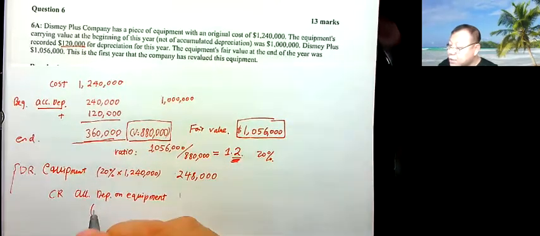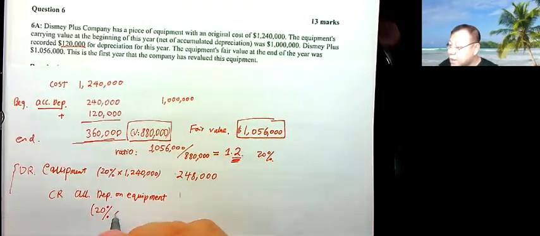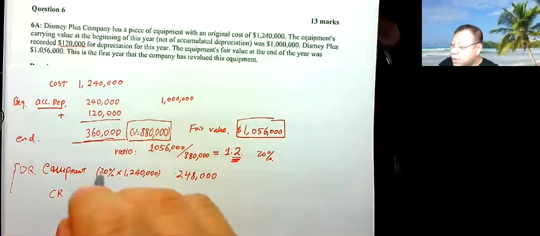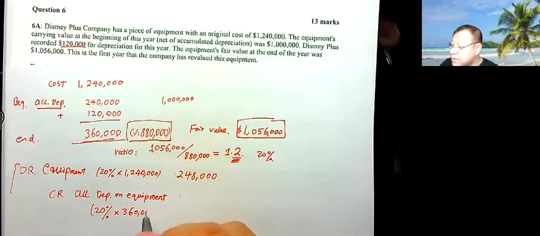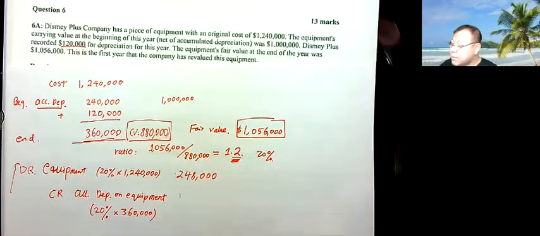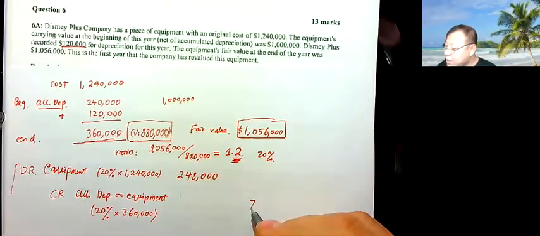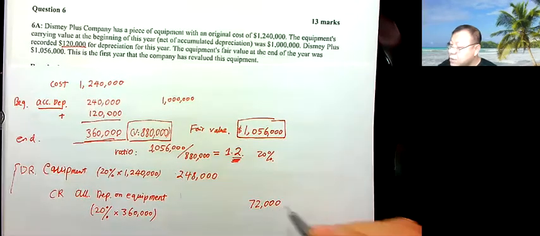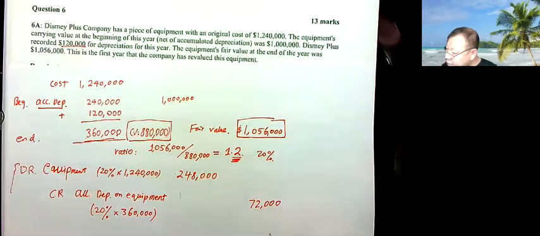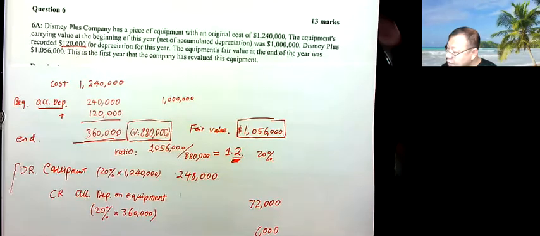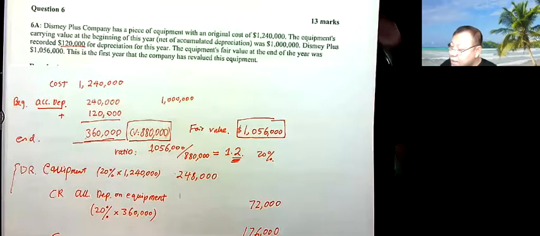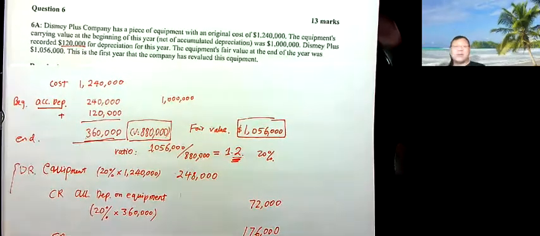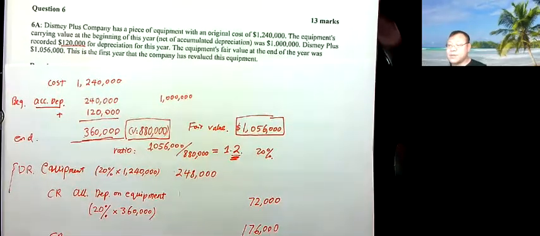And here, I'm going to use again 20% times your cumulative depreciation, 360,000. That's going to be 72,000. The difference is 176,000. So you need a credit of this.